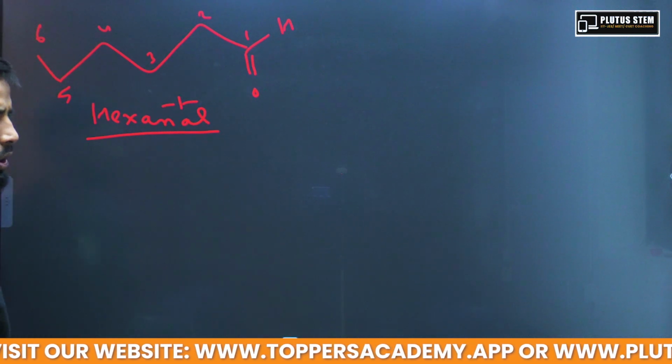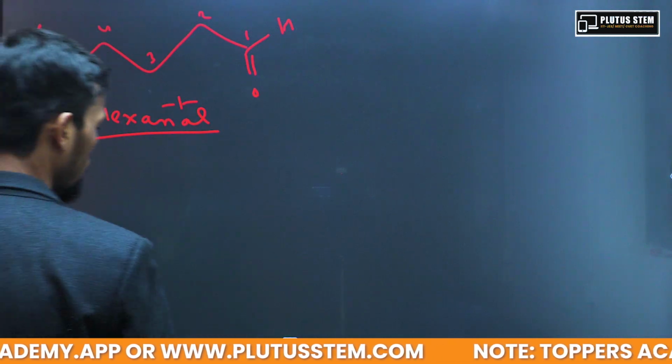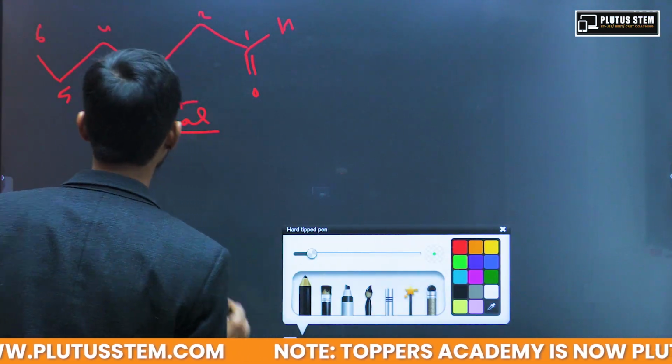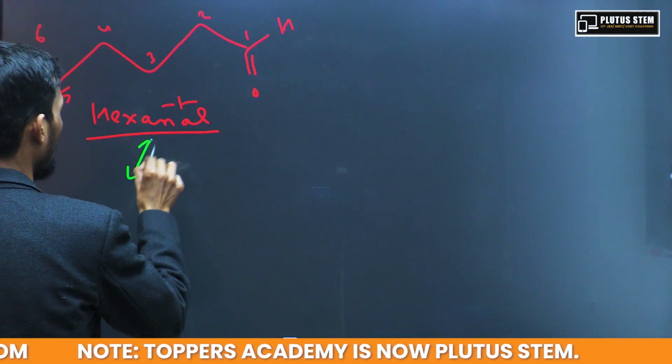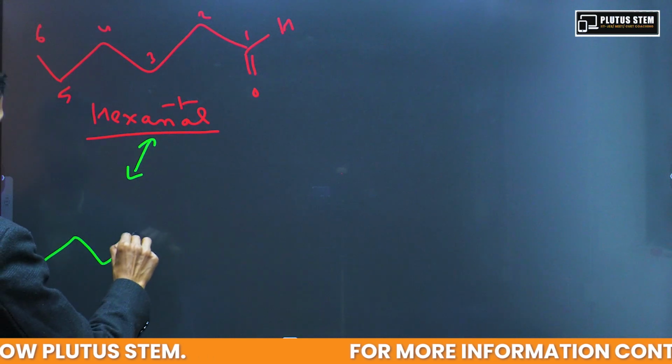No need to write 1 because we are quite sure that it is at position 1, so we can skip that. So it is hexanal, and if you want to draw the keto functional group isomers of this, it will be like this.